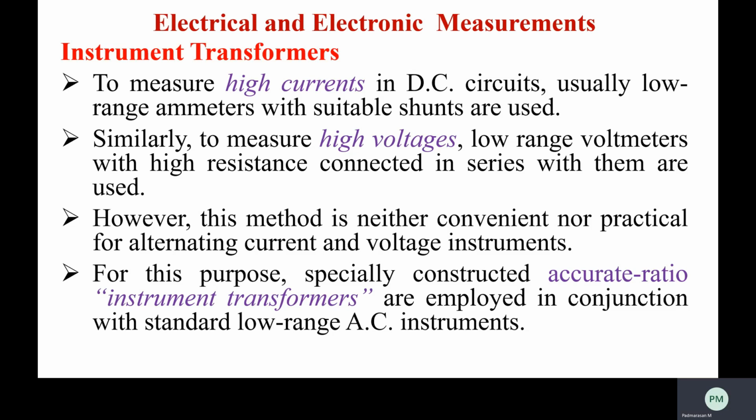In DC circuits, to measure high or large currents, usually low range ammeters with suitable shunts are used. Suitable shunts means suitable parallel resistances.